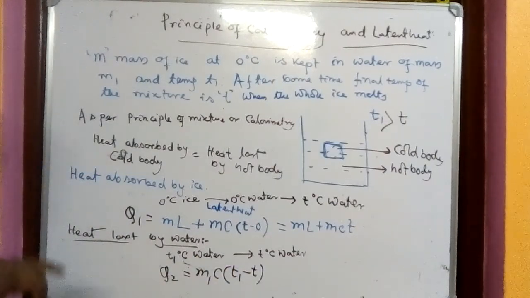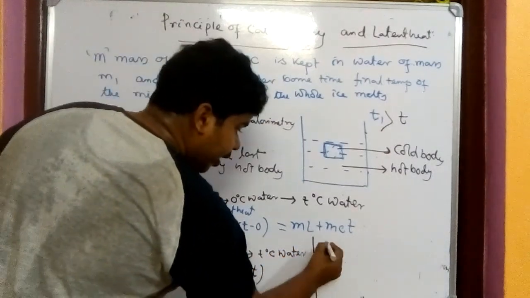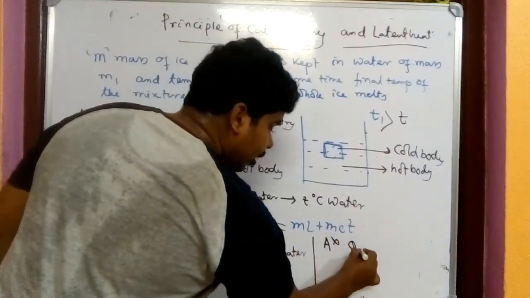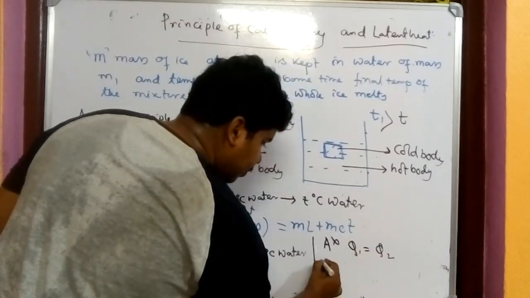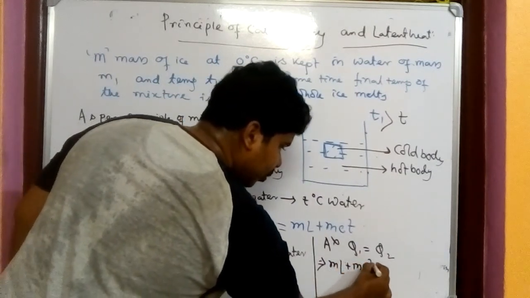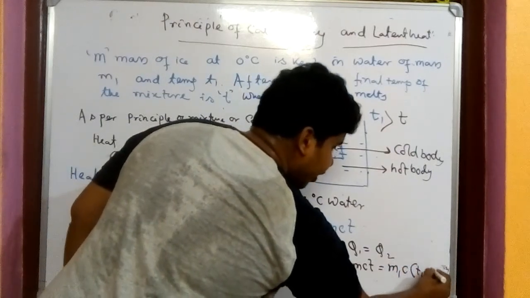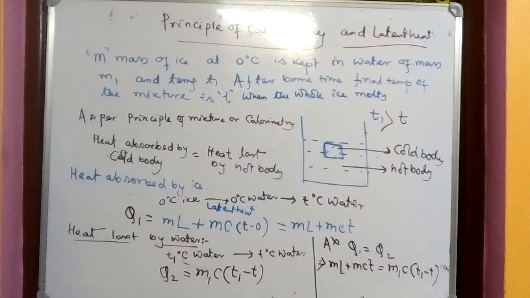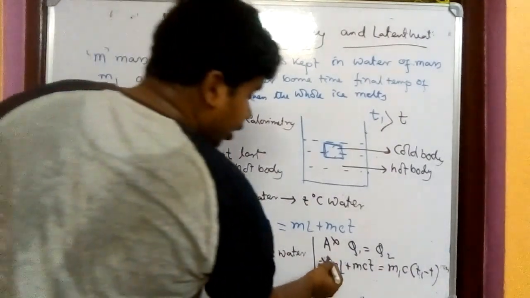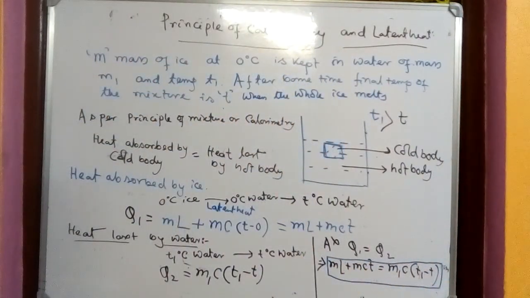So heat absorbed by ice and heat lost by water, it is clear to us, and we know this Q1 and Q2 should be the same, so we can write Q1 equals Q2, so m into L plus m into C into T equals m1 into C into T1 minus T. Here I have not given any digits, I have just used m1, m2, but this type of numerical will be asked in the exam.